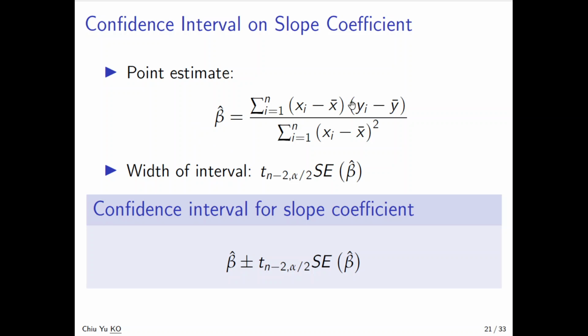The point estimate is the same as beta hat because it's unbiased. The interval estimate will be the point estimate plus or minus the t value times the standard error. Okay, that's the end for this part.